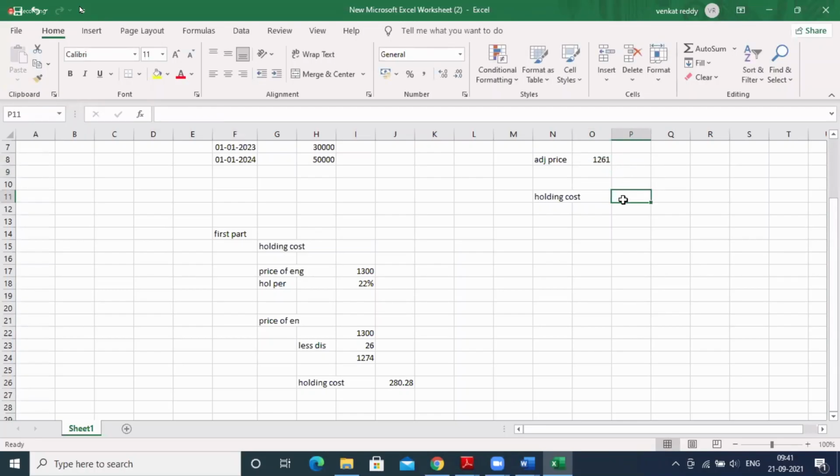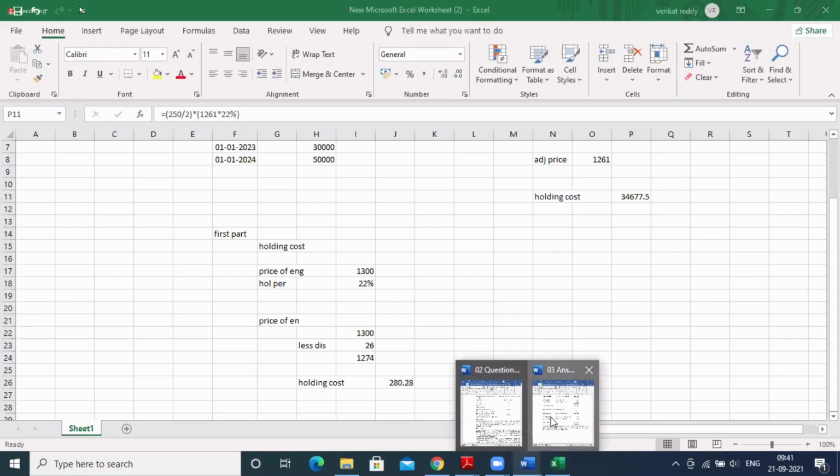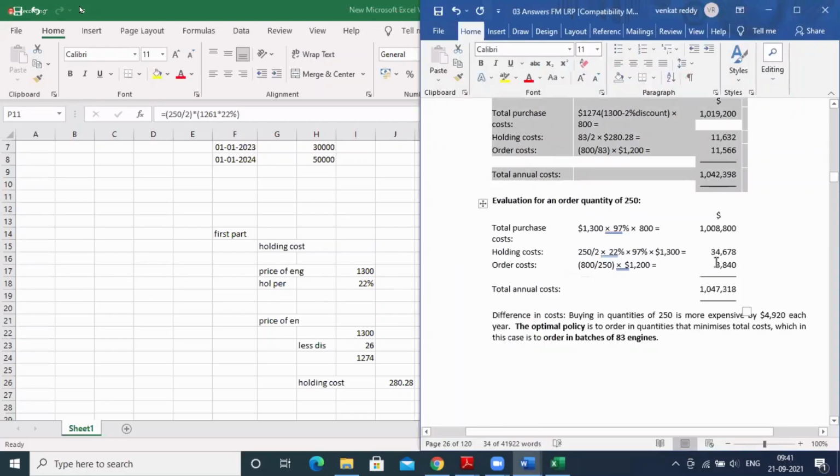So our holding cost will be 250 divided by 2 into 22%, right? So 1261 into 22%. So our total holding cost will be 34,677. Here you can see our total holding cost.